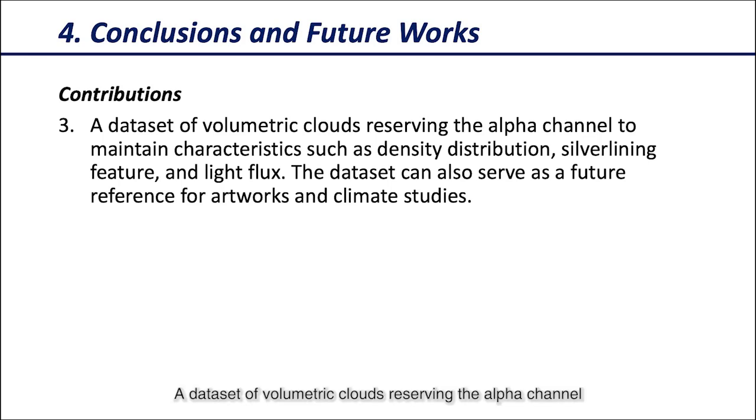Third, a dataset of volumetric clouds preserving the alpha channel to maintain characteristics such as density distribution, silver lining feature, and light flux. The dataset can also be a future reference for artworks and climate studies.